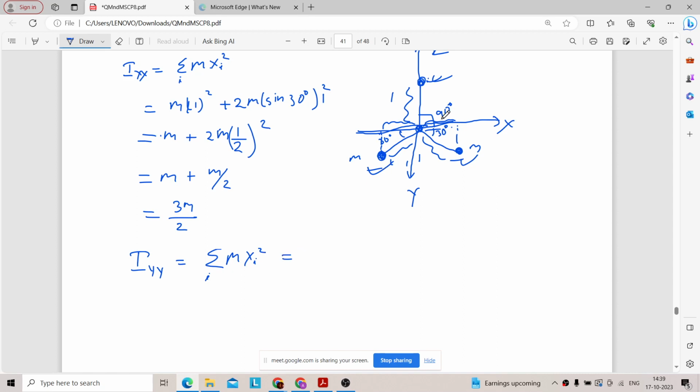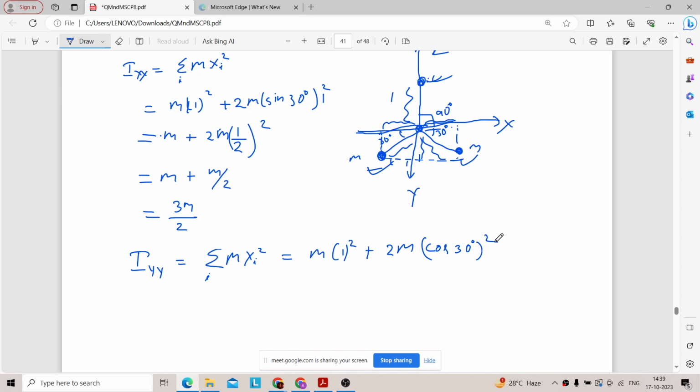This will give me m times 1 squared plus 2m times this projection, cos 30 squared.